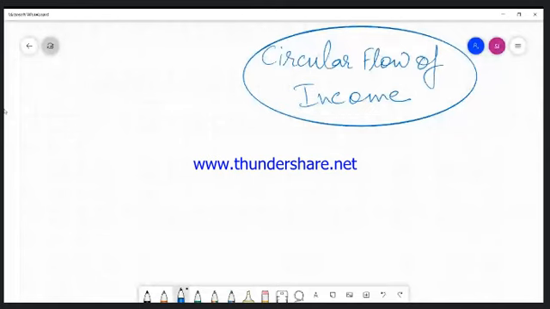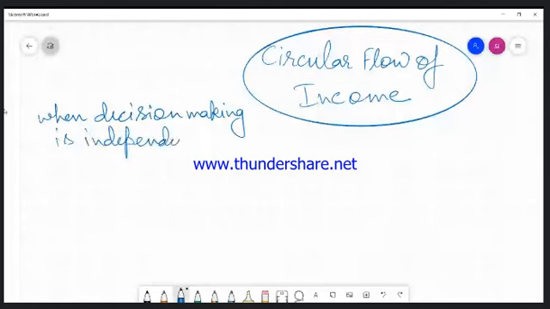And understand that when decision making is independent, it is micro.